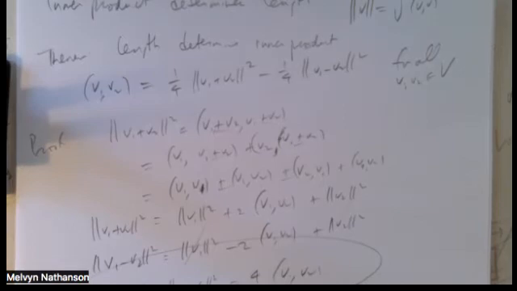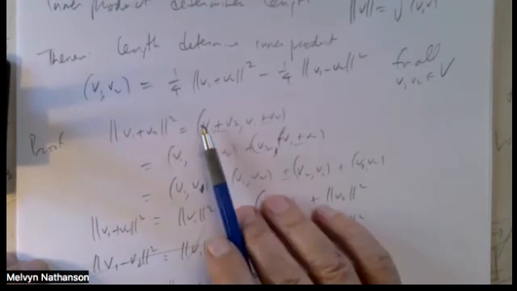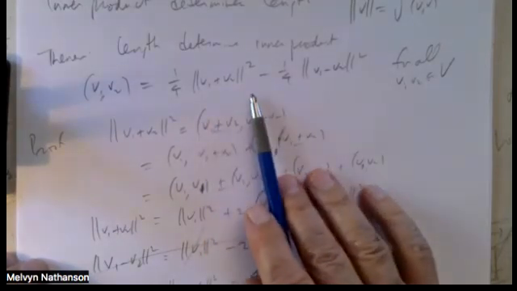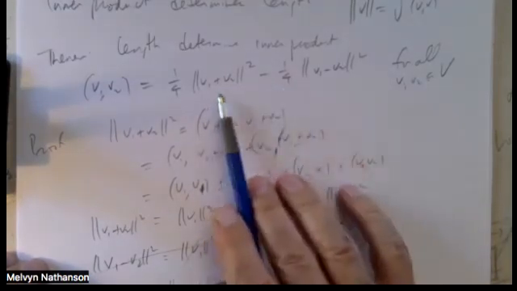So this is something called the polarization identity, but it simply tells us that if you know the lengths of vectors, you can use them to define an inner product.